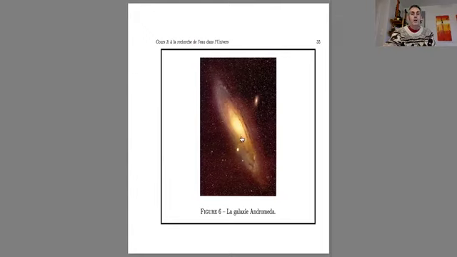Apparently you can see Andromeda with the naked eye, but it's very subtle. It's only visible in the summertime, and it's faint, but it's not small. Andromeda is huge. In fact, it's 6 times the diameter of the moon.